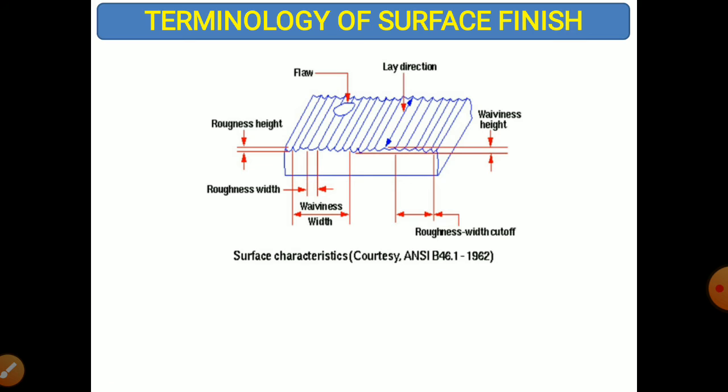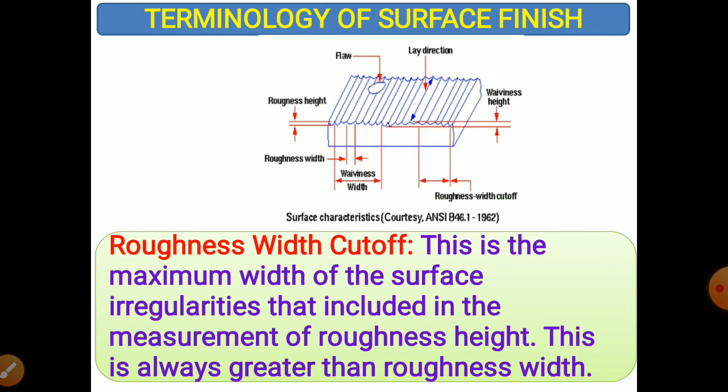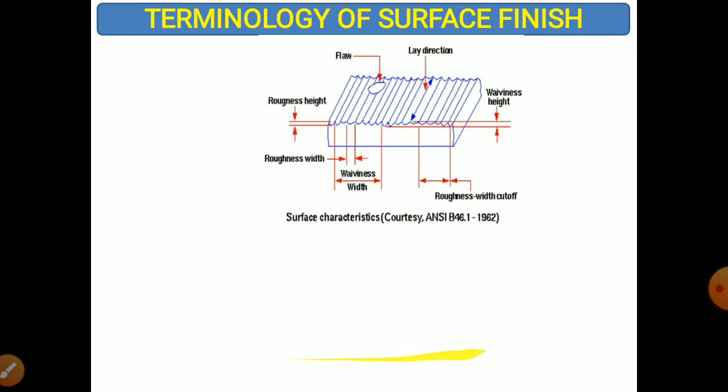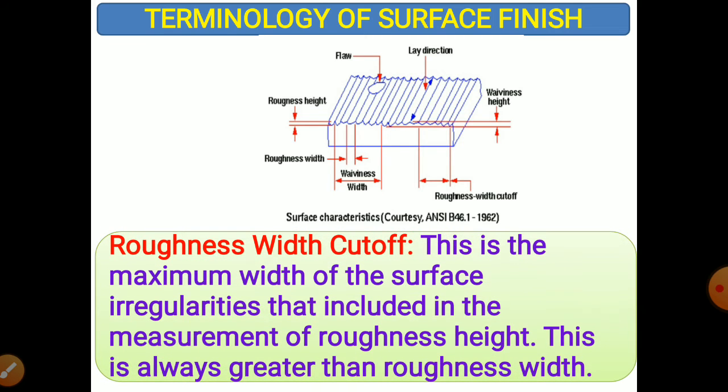Here you shouldn't confuse waviness width, roughness width cutoff and sampling length. Roughness width cutoff is the maximum width of surface irregularities that are included in the measurement of roughness height. That is called the roughness width cutoff.